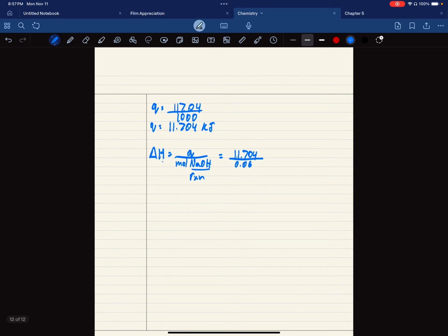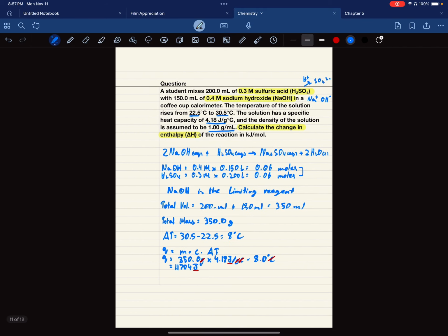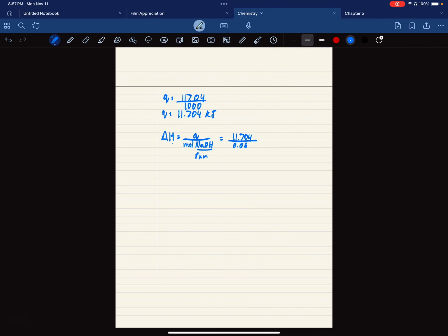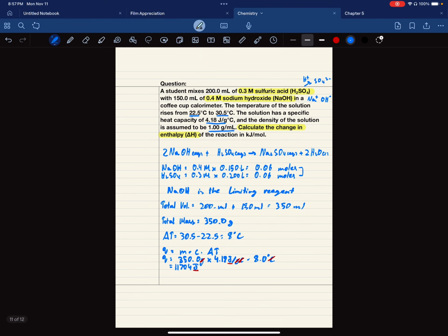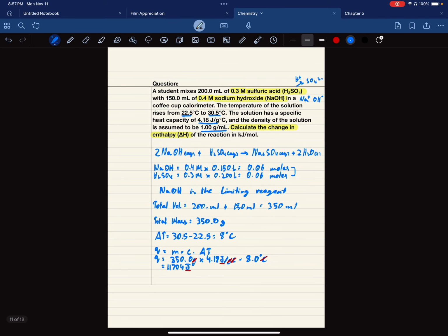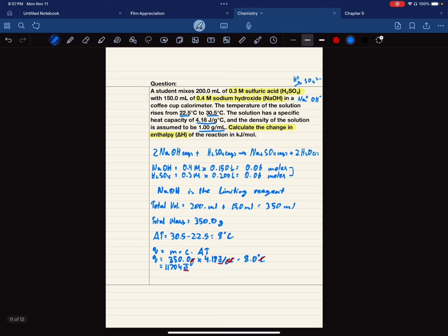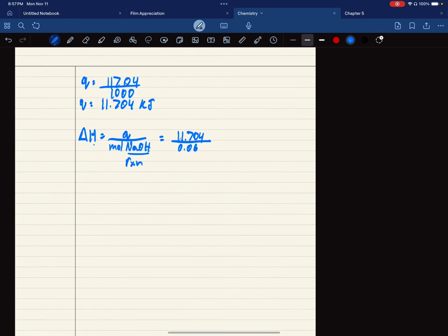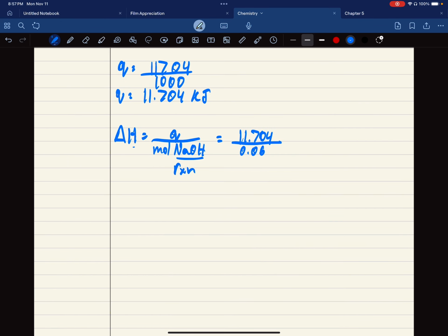And for that, we can just use a mole to mole ratio. It is 2 moles of NaOH per 1 mole of reaction. So that would give us, multiplied by, 1 to 2 mole ratio. And then we solve this out.